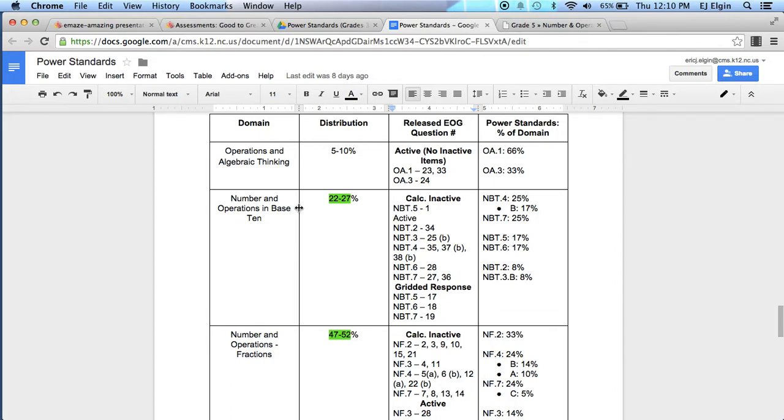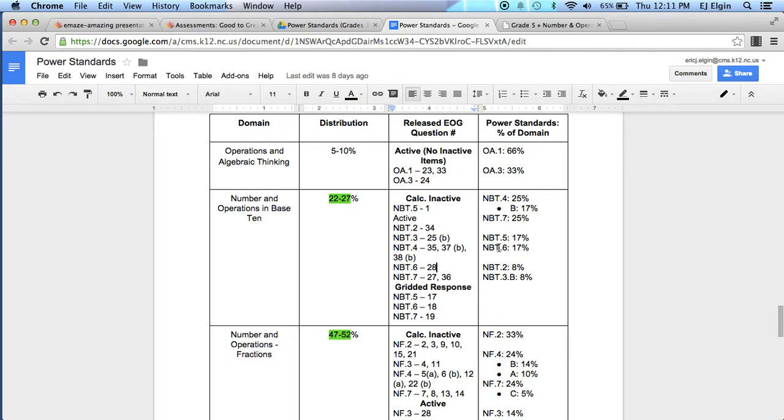So even though all of these questions on the released EOC are technically NBT, they are very different things that need to be taught. And so 5 and 6 is what your test is on. And when you and I looked back at our test, we realized that 5 and 6 are about one concept. 2 and 3 are related to 4 and 7. 2 and 3 scaffold up to 4 and 7.